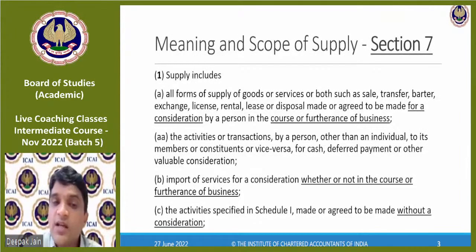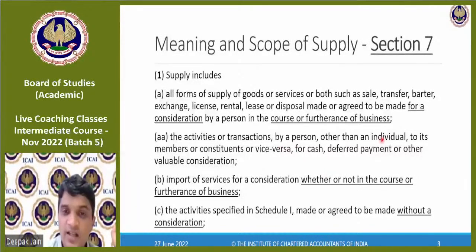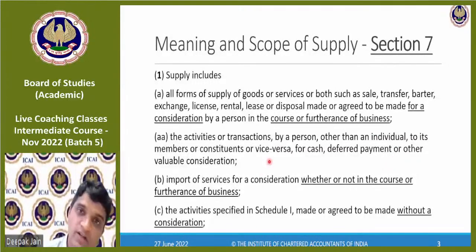So they have made this amendment in the GST law itself, wherein they've said that the activities or transactions by a person other than an individual to its members, meaning of an association or club, which it's providing to its members or constituents, or members are providing to the association, vice versa, from both sides, for cash, deferred payment or other valuable consideration, is also a supply.